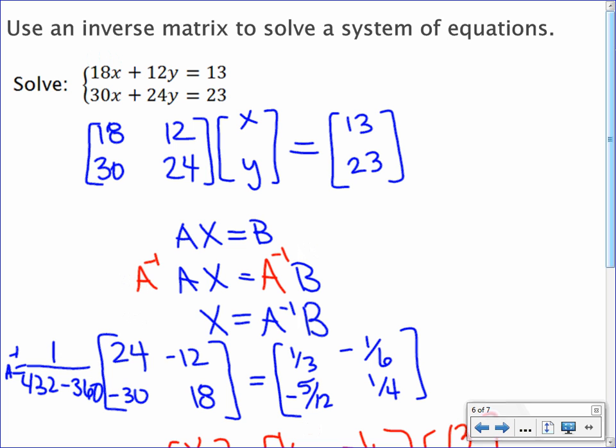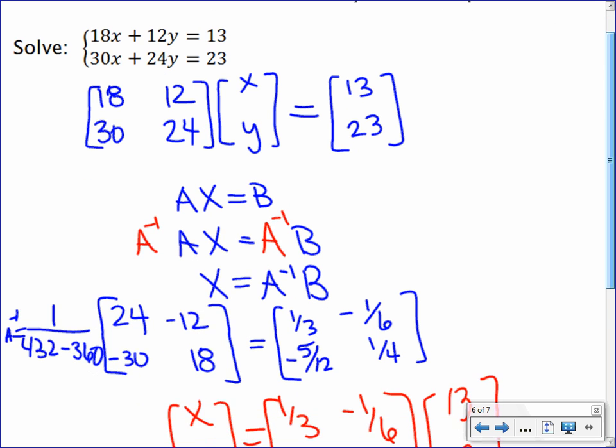A times X equals B. We set up our coefficients times our unknown equals our constant. Now, to get just X, Y by itself, we needed the inverse. So we found the inverse.